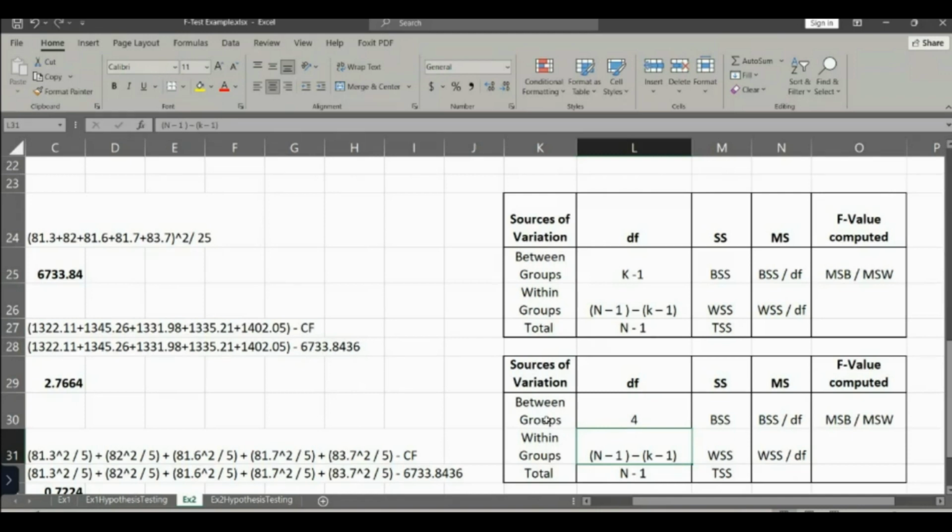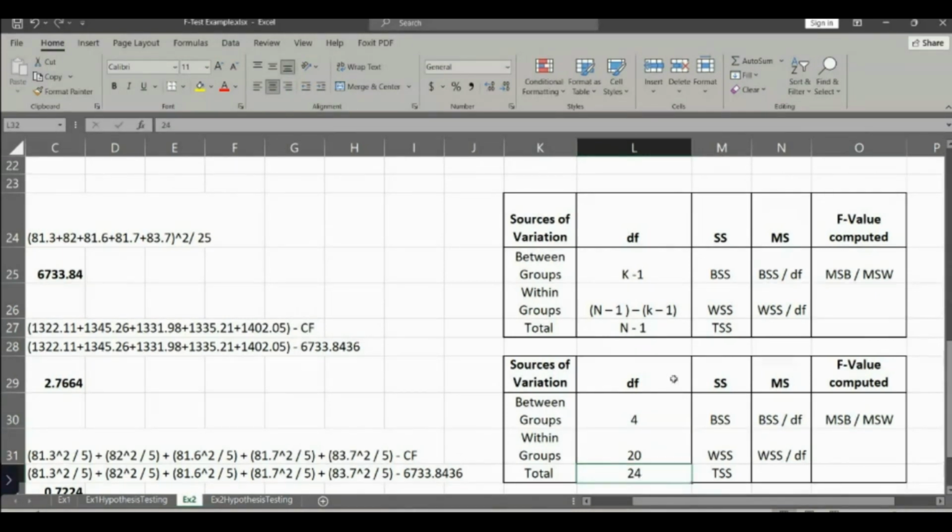So that is basically 24 minus 4, or that is 20. And degree of freedom ng total, we have n minus 1. That should be 24. I-add nyo lang yung degree of freedom nung dalawa, no? Which is equivalent to n minus 1. Okay, 25 minus 1 is 24, or 4 plus 20 is also 24.